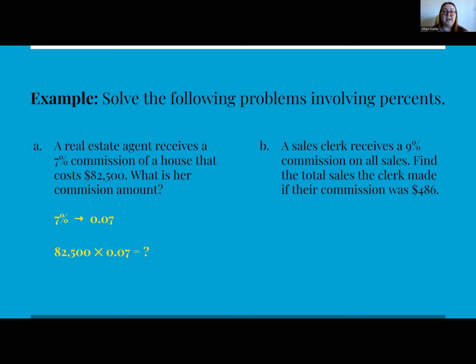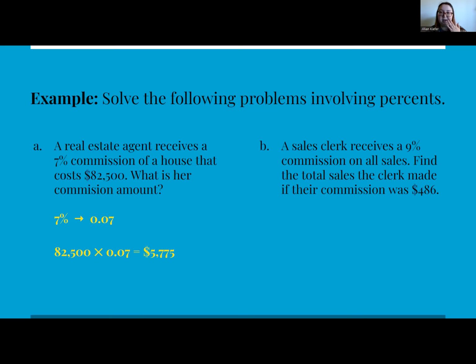So we can multiply the 7%, which is now a decimal, by the value of the house: 82,500 times 0.07 to get our answer, which was $5,775 in commission. So that's how much you made in commission based on this question.